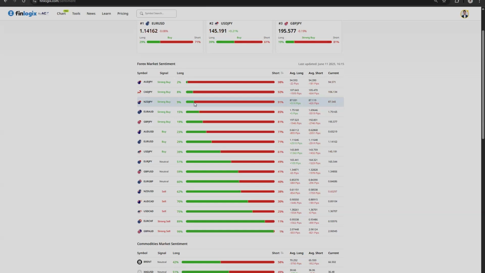I would suggest keeping an eye on it every 50 minutes and seeing if we're going to have a transition. If it really goes below 10%, like 8 to 7%, then I would place a trade.